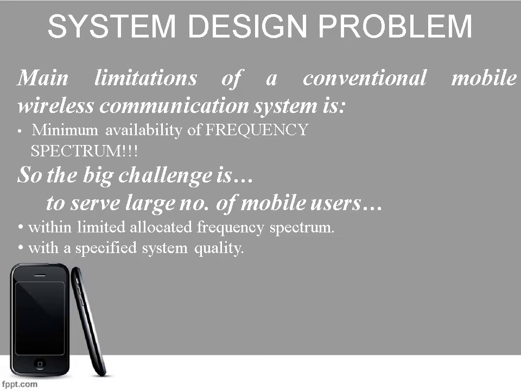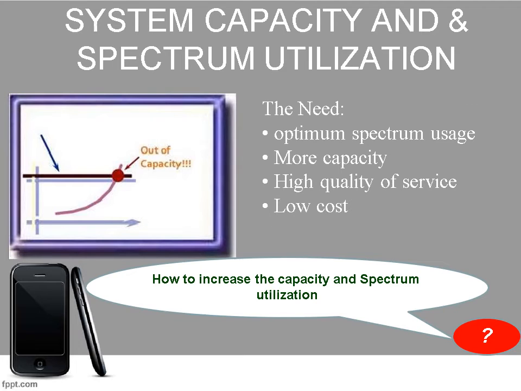So, system design problem: the main limitation of a conventional mobile wireless communication system is the minimum availability of frequency spectrum. The big challenge is to serve a large number of mobile users within the limited allocated frequency spectrum with a specified system quality.